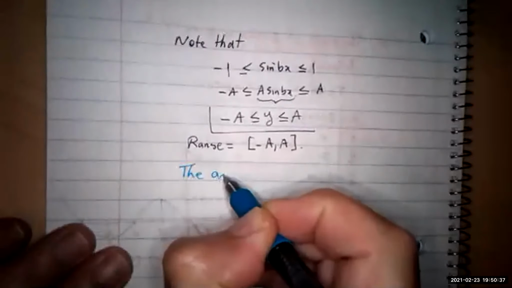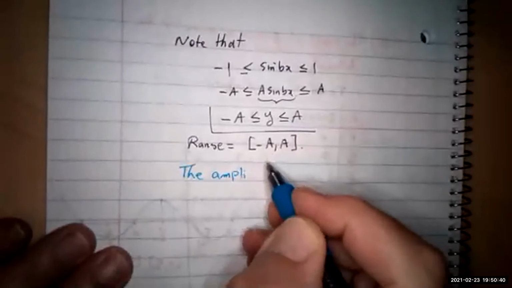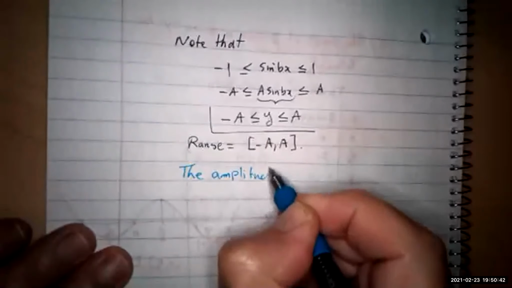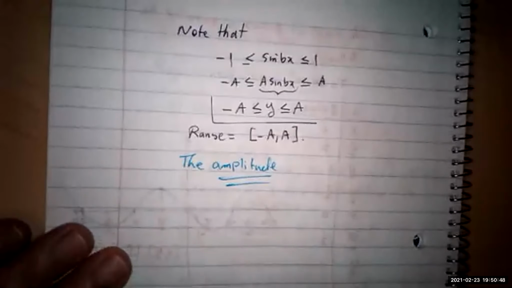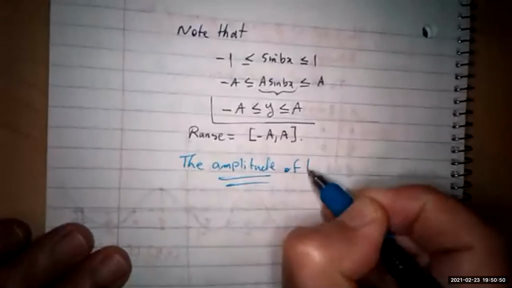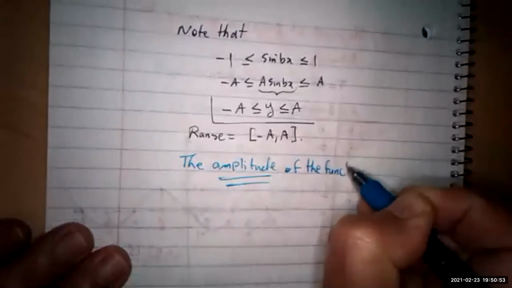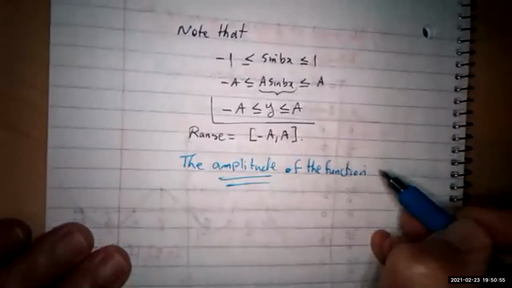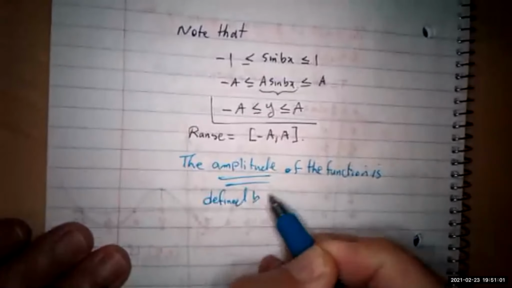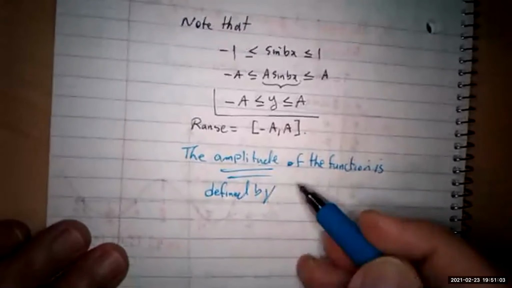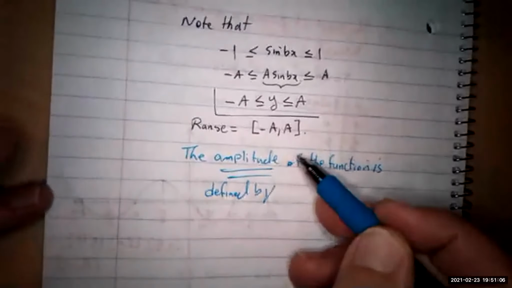But in physics, they call this number the amplitude. The amplitude of the function is defined by omega or W, which is the absolute value of a.